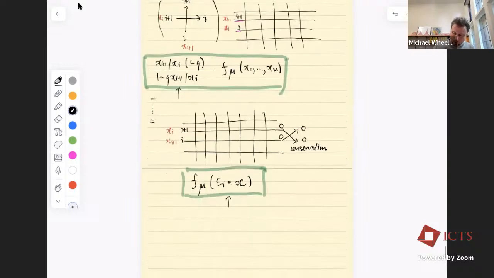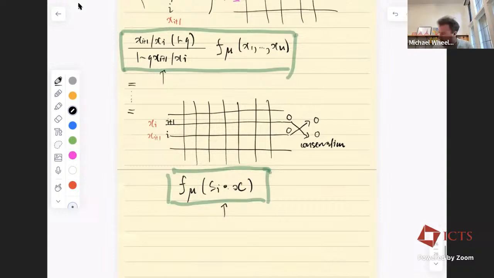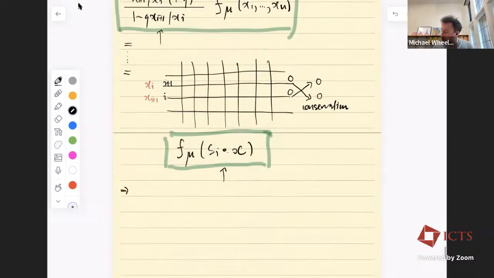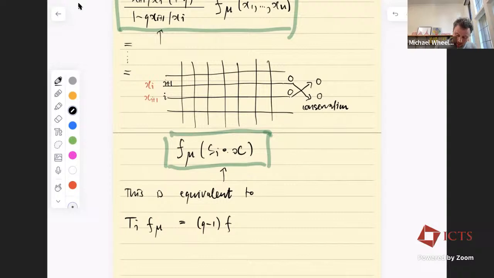So I will not do the explicit next steps, but basically just by a bit of bookkeeping now, one shows that this is equivalent to the following. So this is equivalent to the statement that Ti acting on F mu is equal to (q minus 1) F mu plus F mu si.